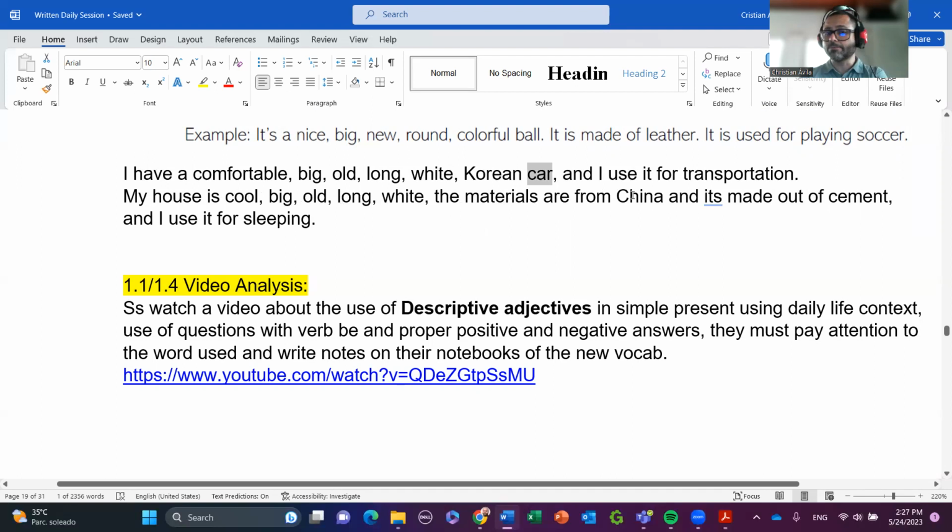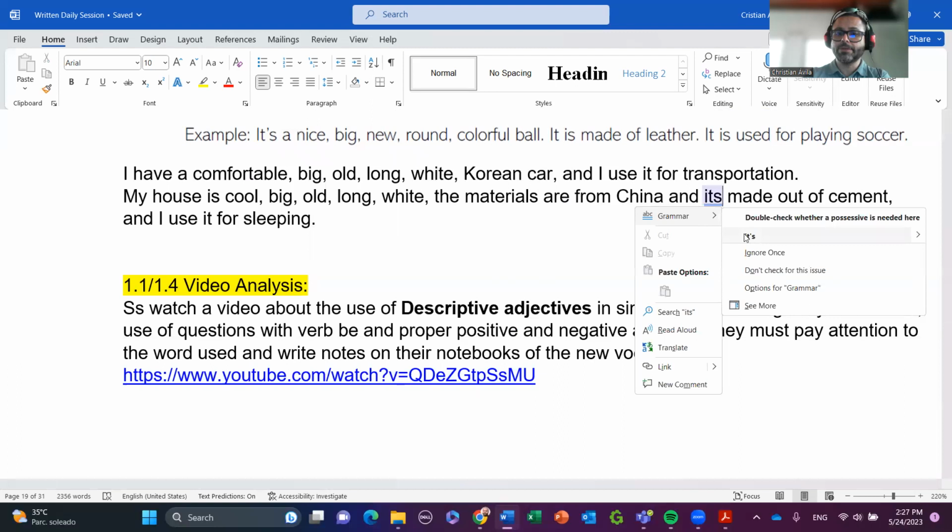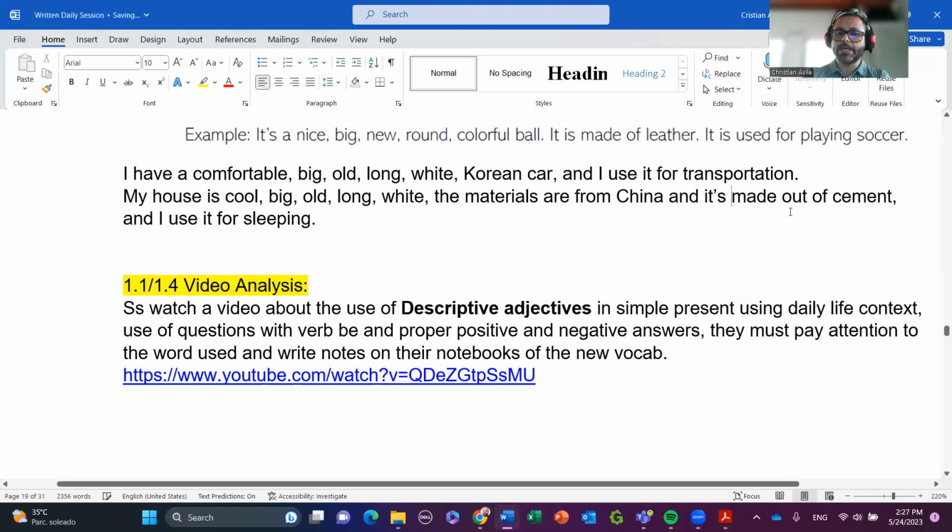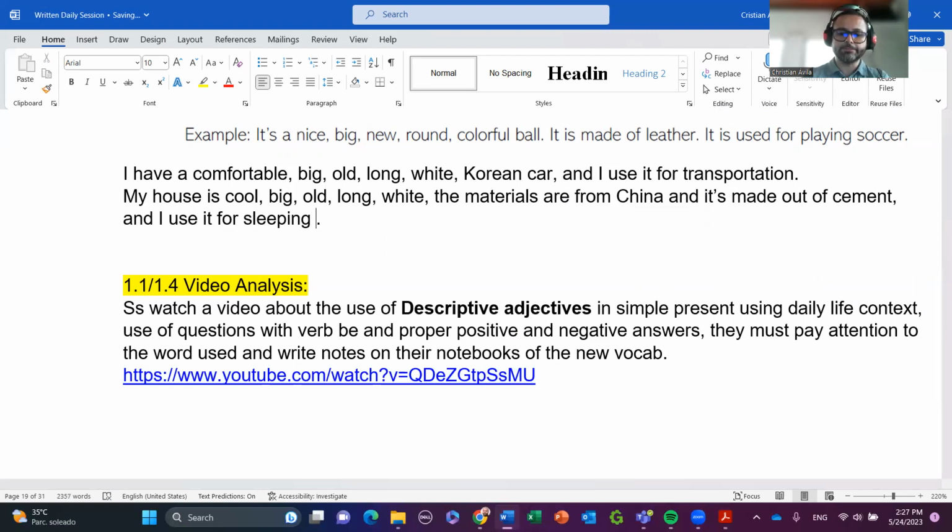The materials are from China, who knows? But maybe the majority of them came from China or other countries. And it's made, with an apostrophe because it is, it's made out of cement. And then the purpose, I use it for sleeping, or you can also say I use it for living.